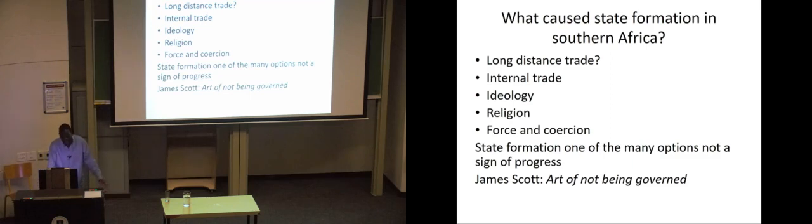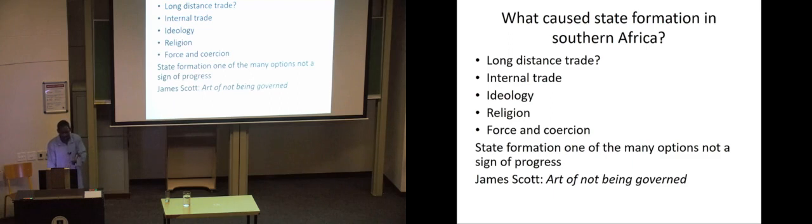Ideology, as in ways of thinking, ways of doing things. And one element of ideology that is frequently cited is the belief in ancestors as well as life after death. And linked to ancestors is that of land control.